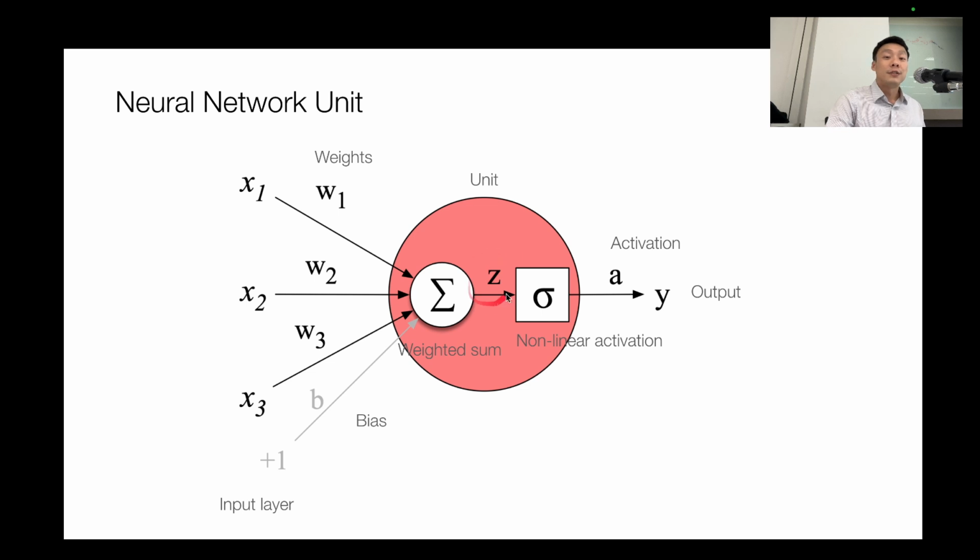We call it Z. Then you apply a nonlinear activation function onto Z, and we call that A. A is the activation, and then you pass it on to the next layer. So this is one neuron, and basically almost all neural network models that we use now follow this sort of computation.